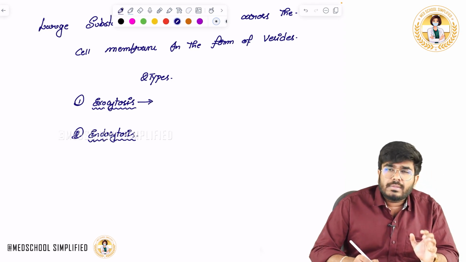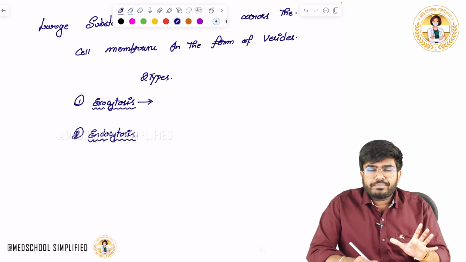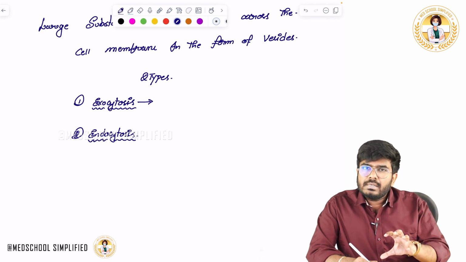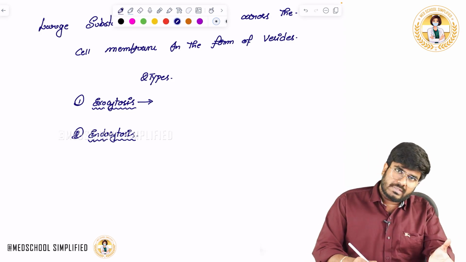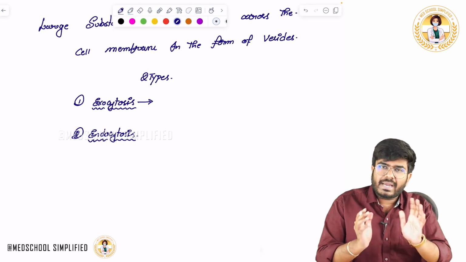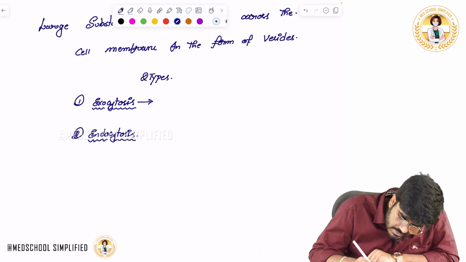Exocytosis means a large substance, for example a protein or a neurotransmitter, is transported in a vesicle out of the cell. The substance is packed inside a vesicle. Maybe it's a hormone. So exocytosis means movement of substance out of the cell.